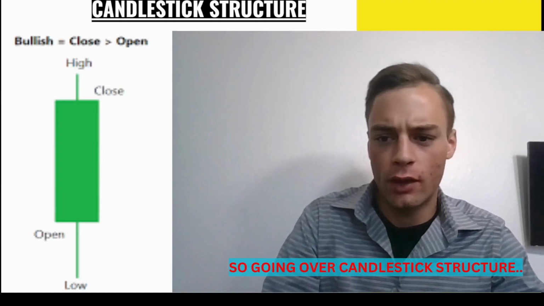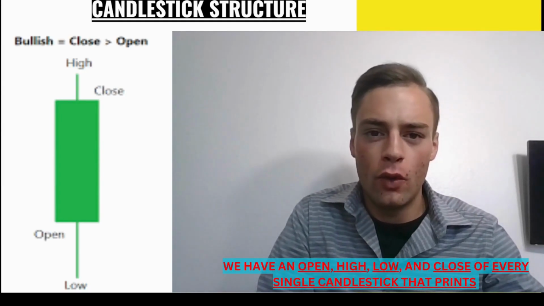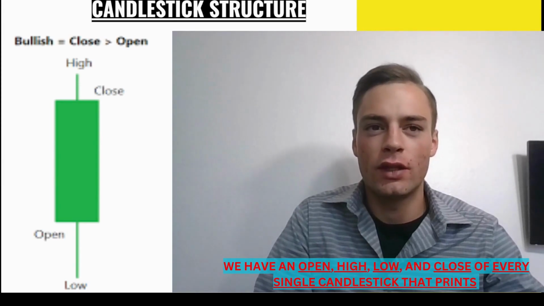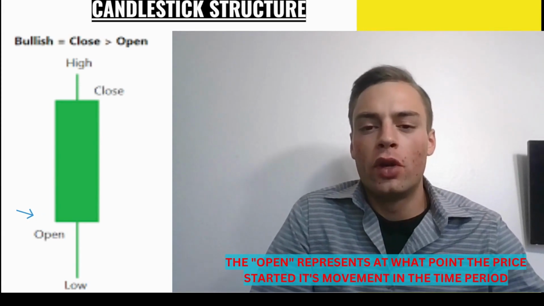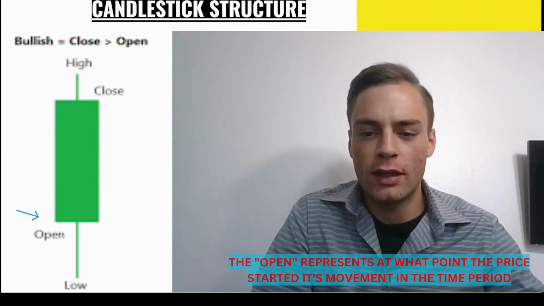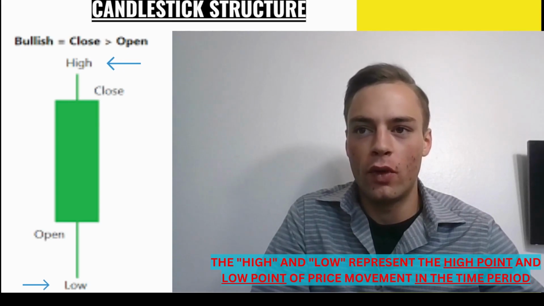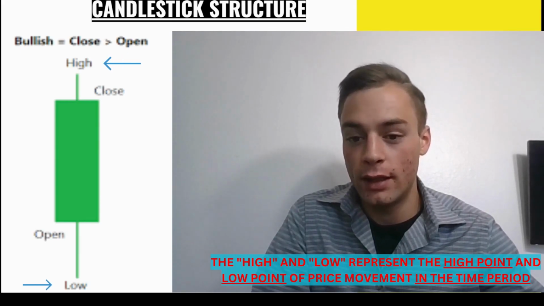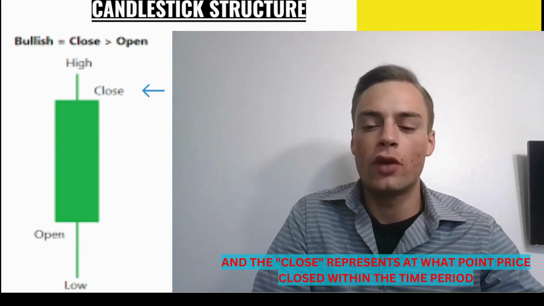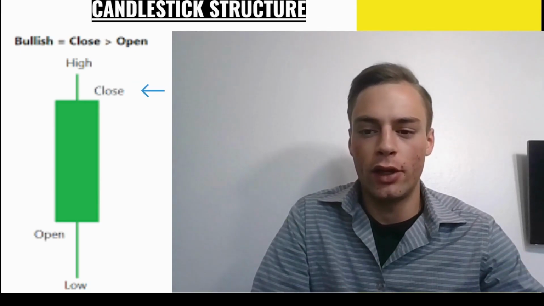Okay, so going over candlestick structure, we have an open, high, low, and close of every single candlestick that prints. The open represents at what point the price started its movement in the time period. The high and low represent the high and low point of the movement in price in the time period. And the close represents at what point the price closed within the time period.